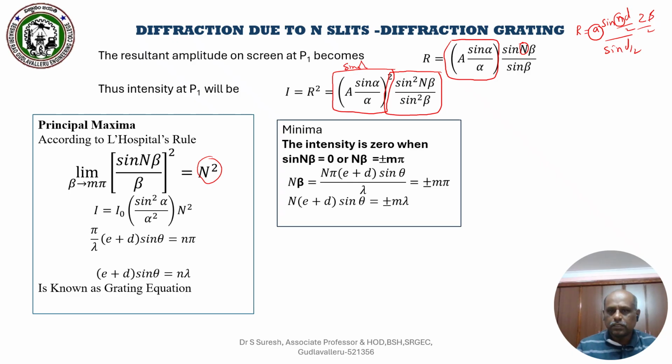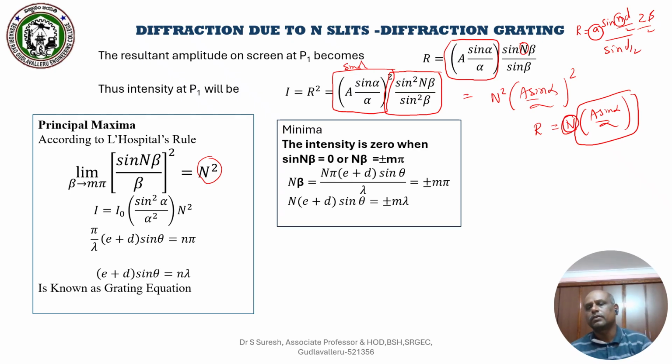So I is equal to N² into (A sin α/α) whole square, that is the intensity. Or if you write R, it is N times A sin α/α. The single slit amplitude is A sin α/α, multiplied with the N number of slits, so the resultant amplitude is N times A sin α/α.